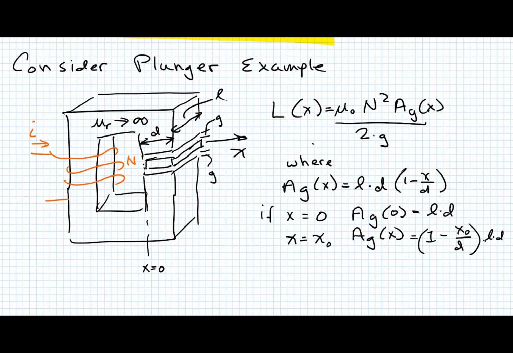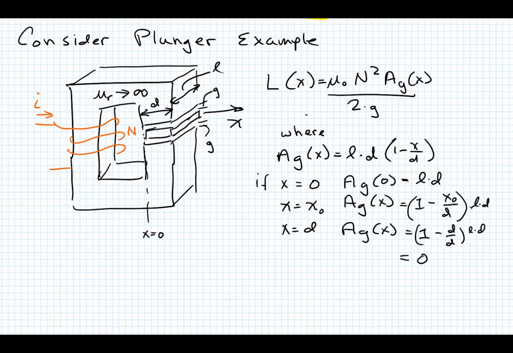If x equals d, Ag of x is equal to 1 minus d over d, L times d, so it's equal to 0. So the gap is varying between this value here and 0.